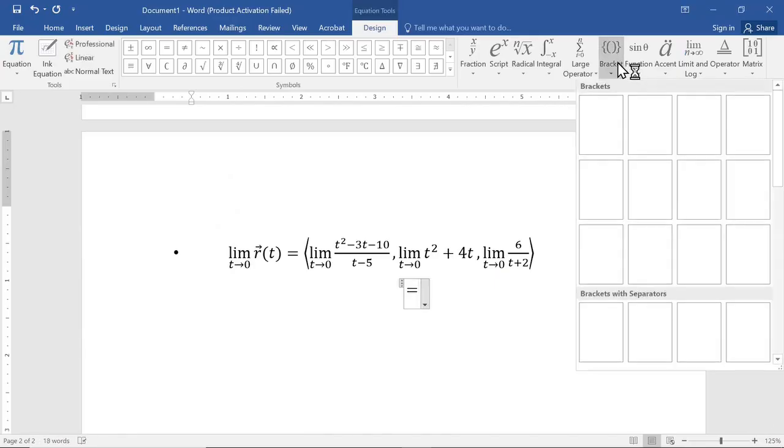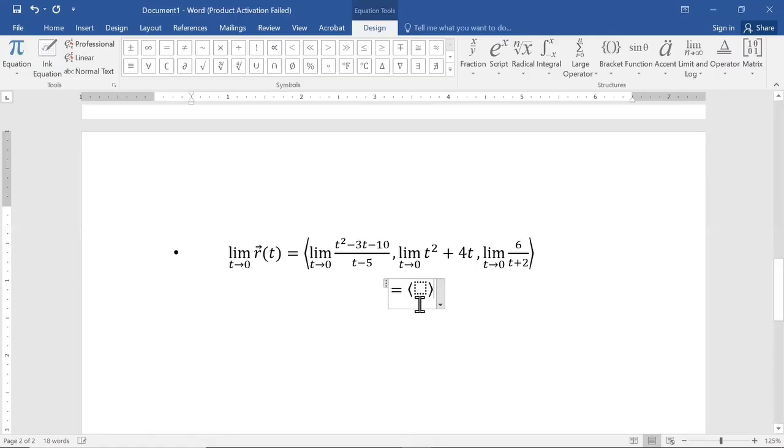So basically, you can simply plug this in. If you plug in 0, you eventually get negative 10 over negative 5, which is a positive 2. If I plug into this y component, I get a 0. And if I plug into the z component, I get a 3.